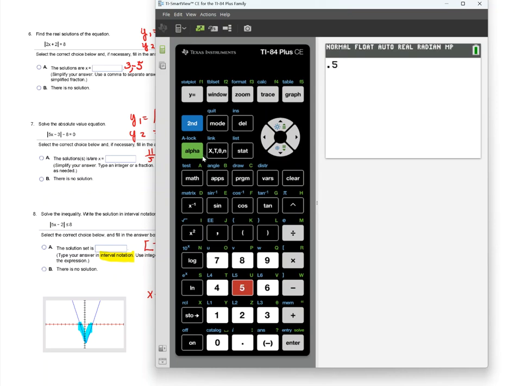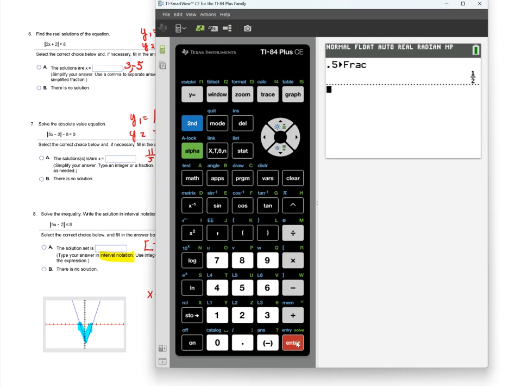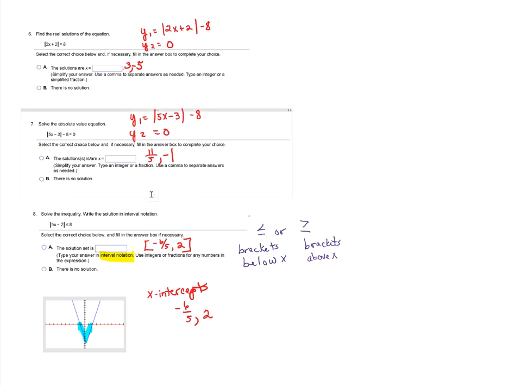And if I didn't know that it was 1/2, if I hit math and the first option's fraction, hit enter, that's turning that into a fraction, and you will get that. So if you get something here that's a decimal, which you probably will, just do math fraction and you will get the 11 over 5. And the other one is -1.